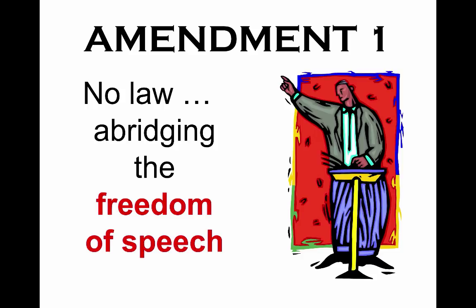Hate speech is not necessarily protected. When it comes to hate speech about somebody's race, somebody's religion, somebody's gender, somebody's sexual orientation, there have been limits placed on that type of speech. Any speech that incites illegal action is not necessarily protected.